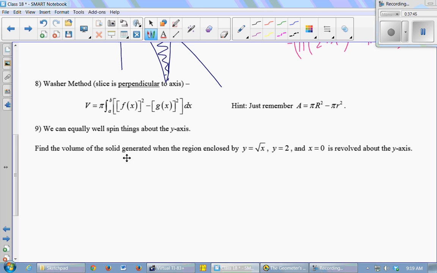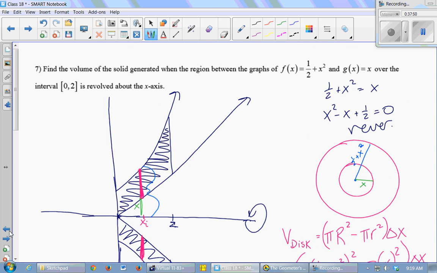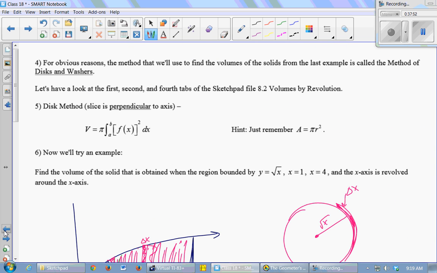All right, so I gave you some formulas, right? And I wrote down the disk method formula earlier. I didn't highlight it. It's pi times the integral of the function squared, because your function is your radius, right? So this says pi times the radius squared, and then you add up an infinite number of these guys.